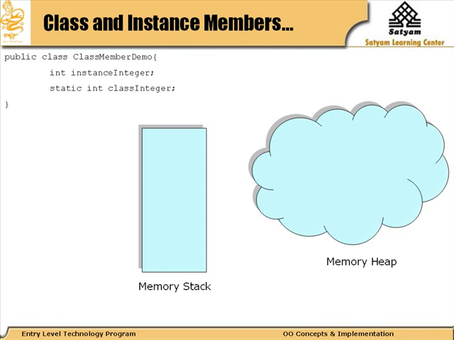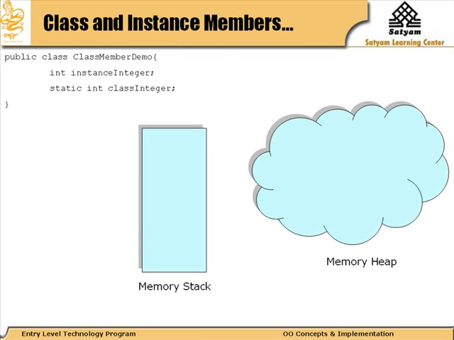Here is an example where I want to explain the difference between a class and an instance member. In this example, I have an instance member, instanceInteger, and a class member, classInteger. As you already know, static members are created in the stack at the program initialization time, and instance members are created at runtime in the heap memory.